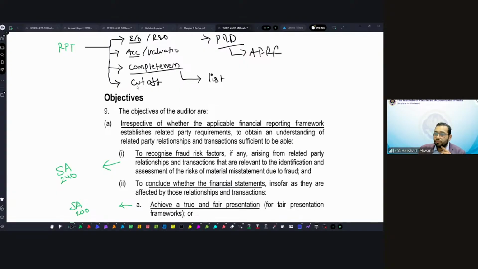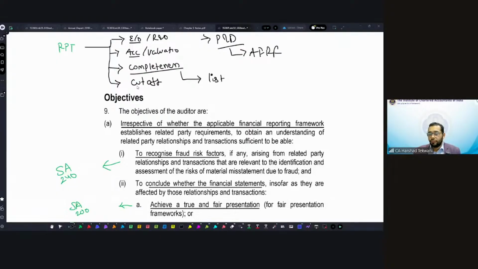Then we will check the control, what is the nature of relationship. If you are testing what is already disclosed, then how do you get comfort on the completeness? My question is pretty simple. If you want to ensure that the related party transaction list is complete, nothing is missing, nothing is hidden by the management, how will you ensure that?